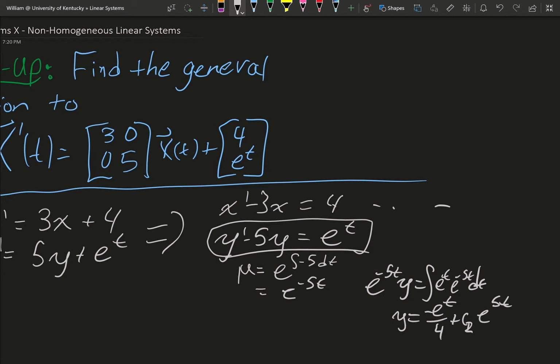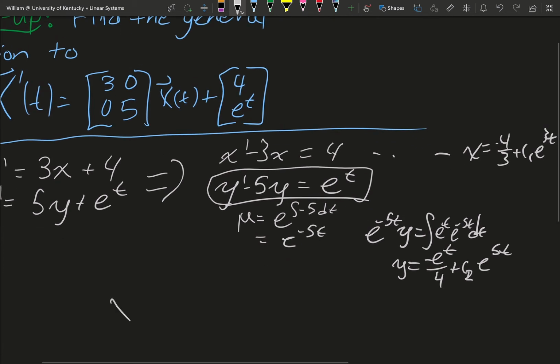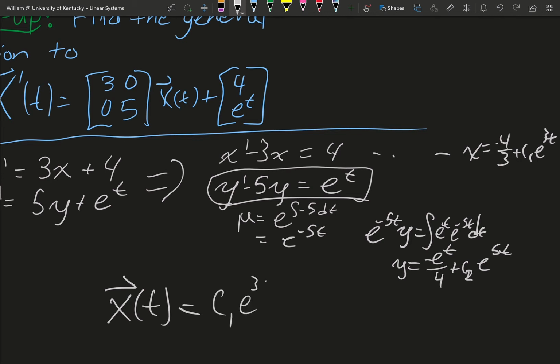Do the same thing for x, right? You should get x equals negative 4/3 plus C1 e to the 3t. And so then we could rewrite this back in vector form as follows.